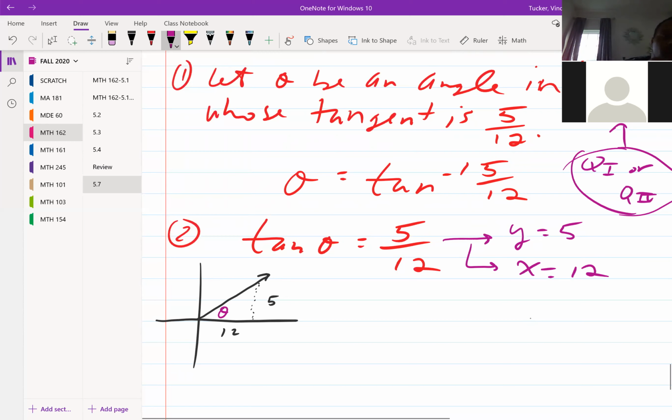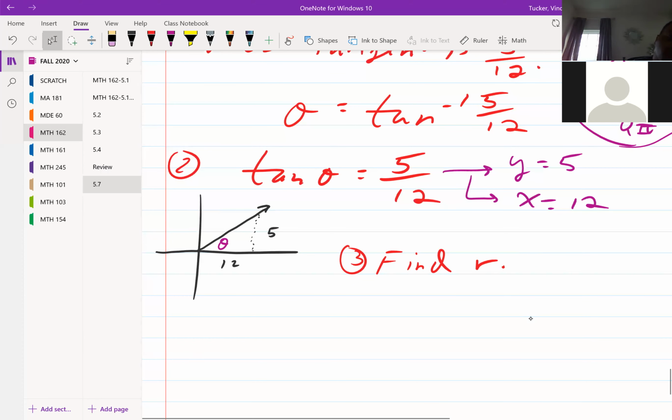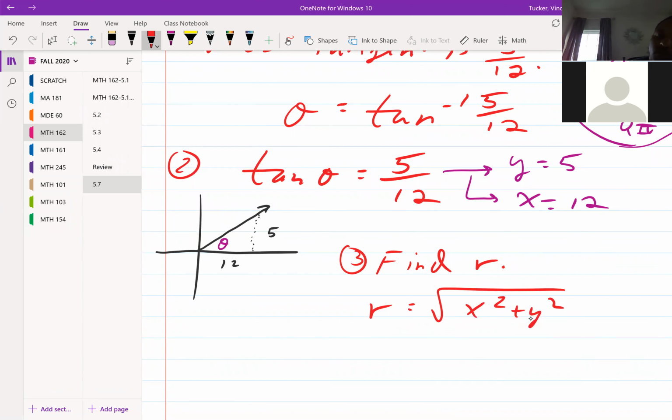We can find R. So here we're trying to find R, but depending on your setup, you may be trying to find X, you may be trying to find Y. So this is the relationship here, of course, we talked about it before.